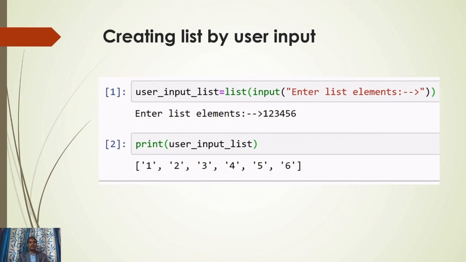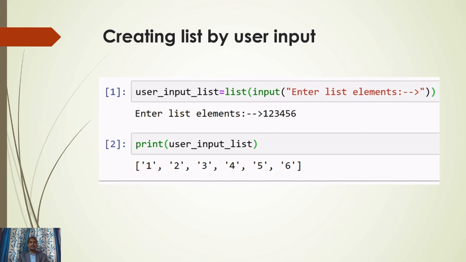User input list is a variable name and list is a method which is used to create a list from an existing sequence, but I have not given any existing sequence. I have given input and what I want is, enter list elements.